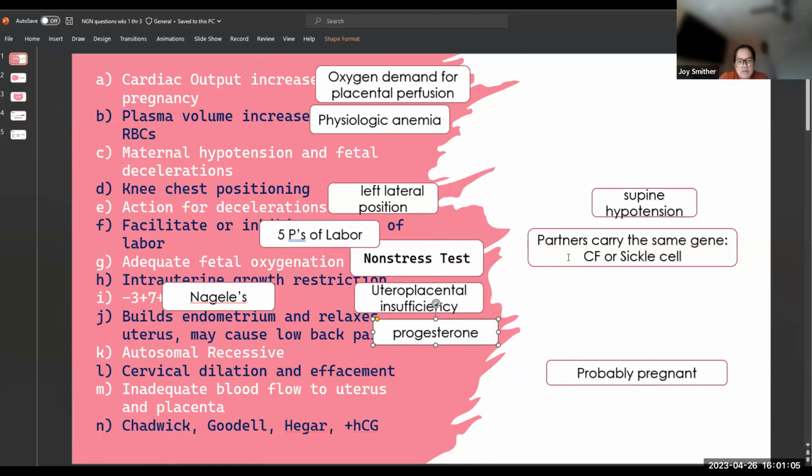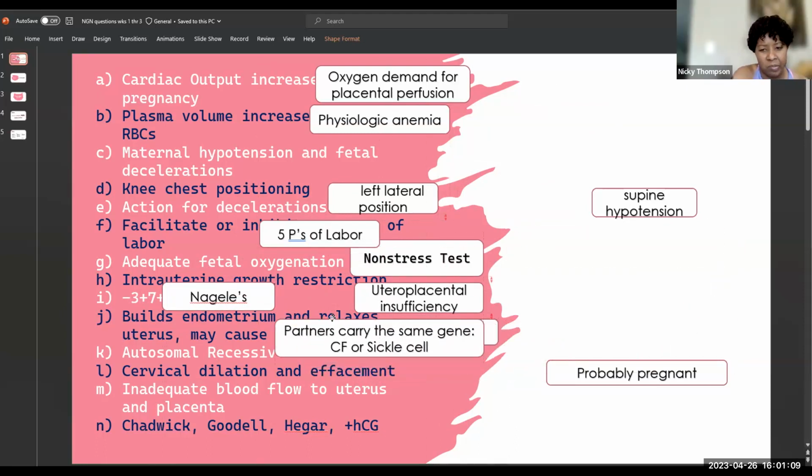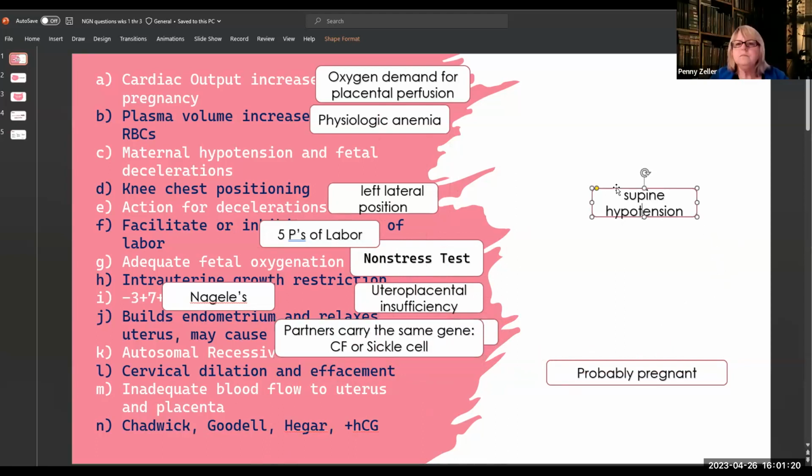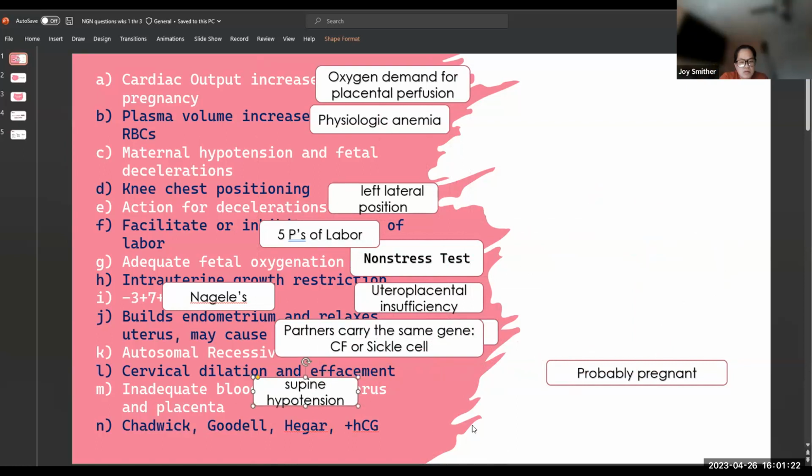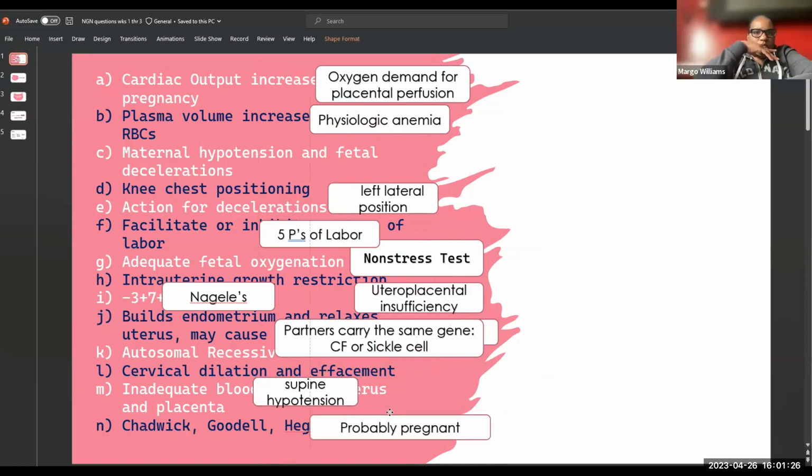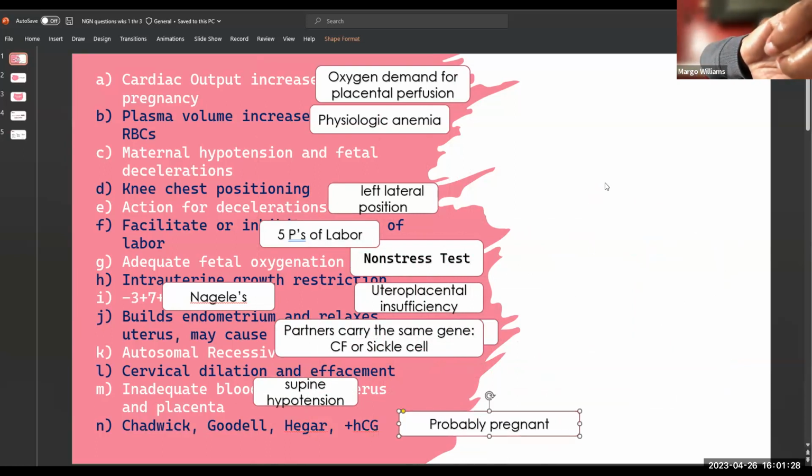Sickle cell. Partners carry the same gene. Cervical dilation and effacement. Supine hypotension. No, supine hypotension is M. Oh, adequate flow. And Chadwick is probable. Yep. Okay, good job.